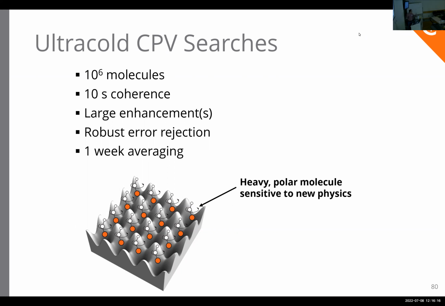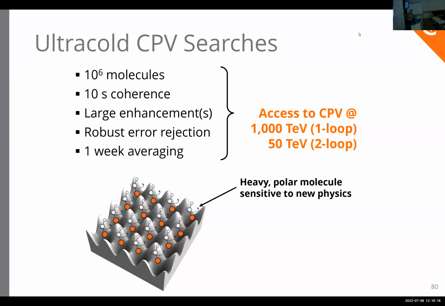And if you averaged it for 1 week, you would access roughly 1,000 TeV energy scales for 1-loop things, or 50 TeV energy scales for 2-loop things. And so I think that's exciting. It's a realistic pathway to explore these incredibly high energy scales. It would be hard to explore another way, again, for this CP violating physics.